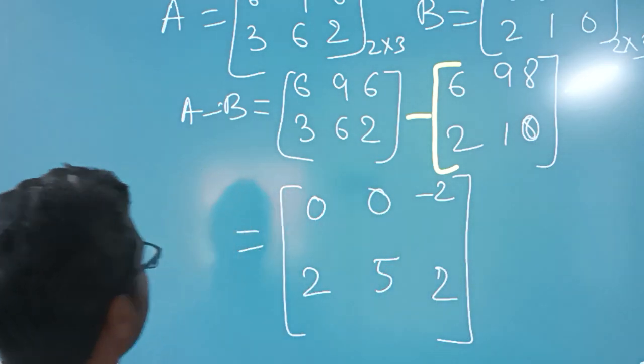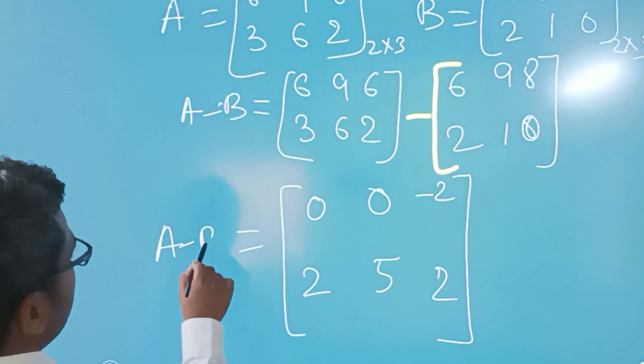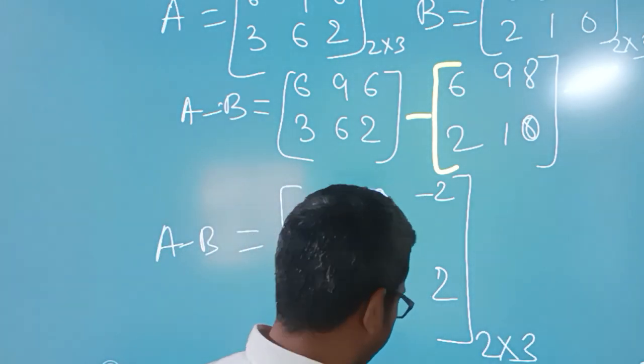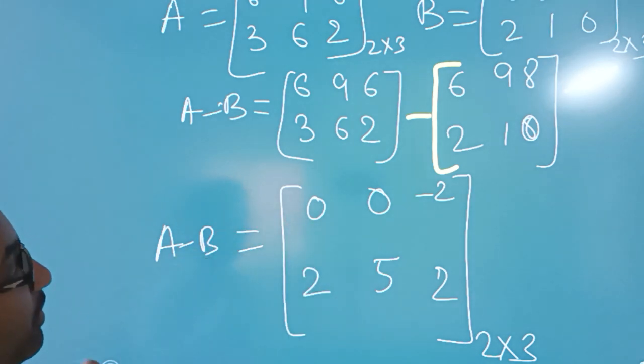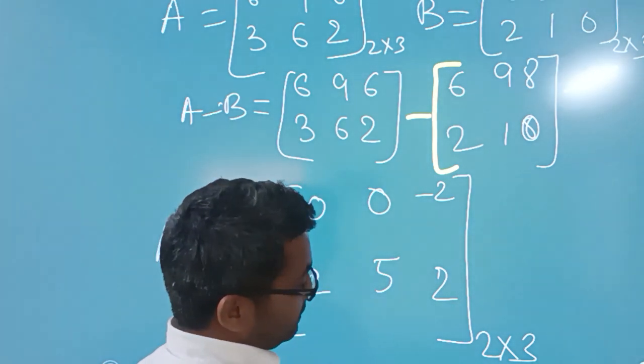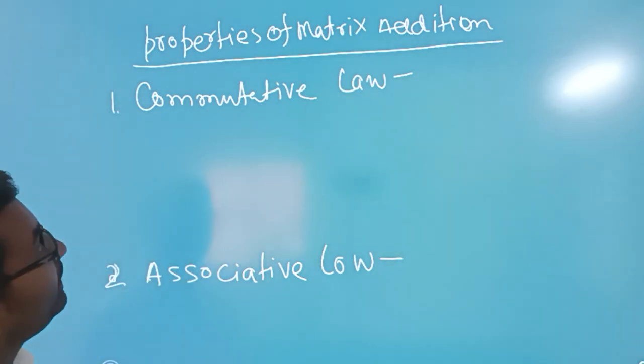That is the difference of two matrices A minus B. The order is the same, 2 cross 3. So this type of operation can be applied on matrices.